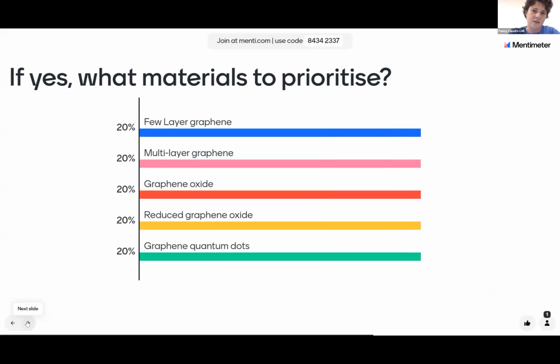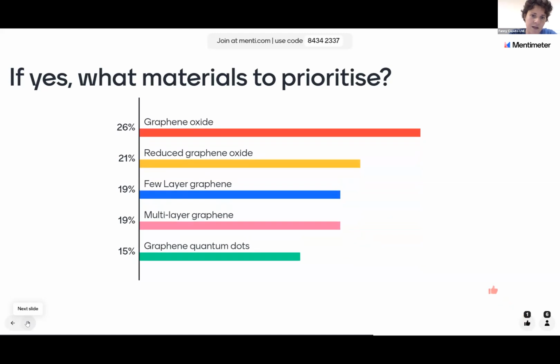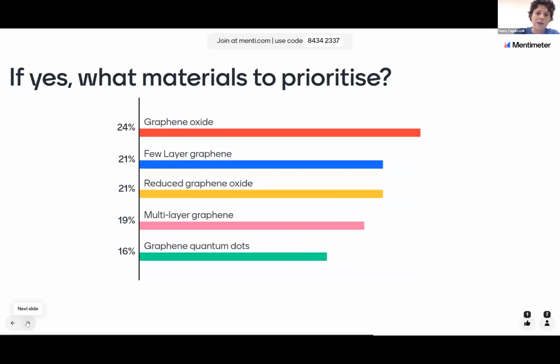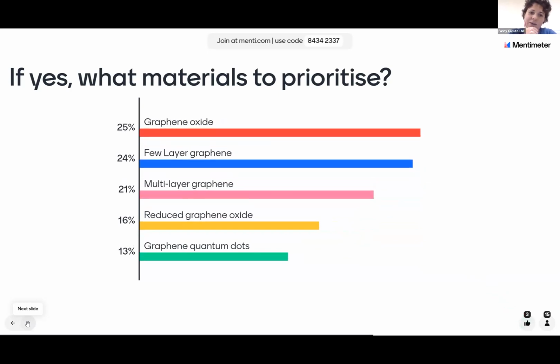So the point is, with regards to the reference materials, if we want to select a type of graphene to start the development of reference materials between few layer graphene, multi-layer graphene, graphene oxide, reduced graphene oxide or graphene quantum dots, which one would be more important for you? Again, you have 100 points, so you can divide these 100 points among the 5 options.